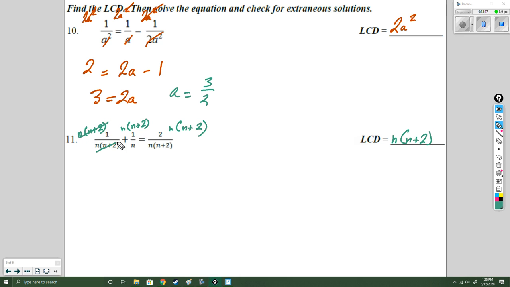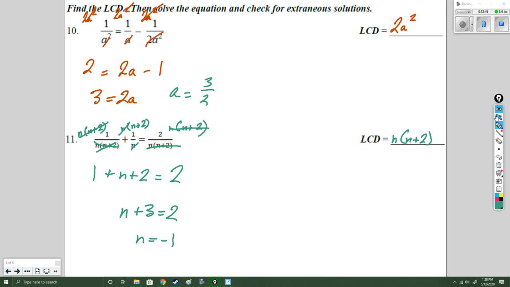But in the first rational, that just cancels out the complete denominator, and we get 1. And n cancels out in the second rational, so we're left with n plus 2. And in the rightmost rational here, we just have 2. So that's n plus 3 equals 2, which would give us negative 1 in this case. And once again, I believe that works as well.